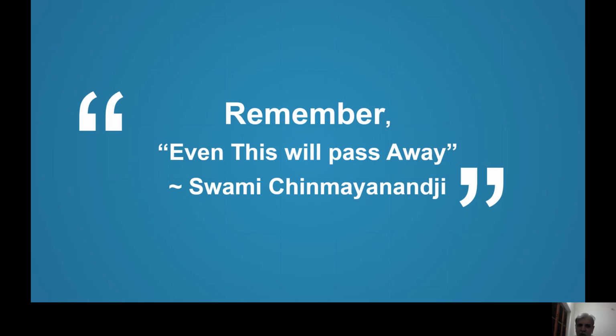Don't open it, he also told him. And he put it in his locket, which he wears in the neck. That king at that time opened that chit, thinking that now I am going to die. In the chit, this was written: Remember, even this will pass away.